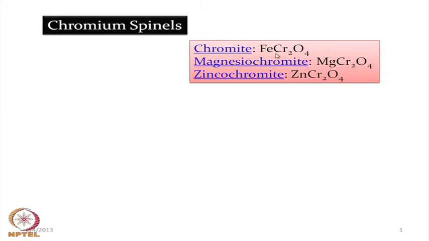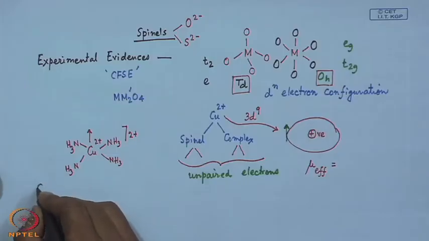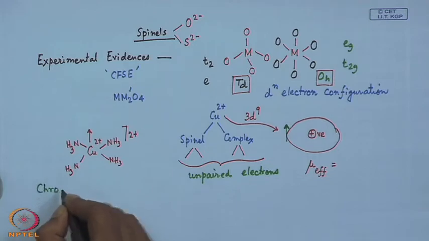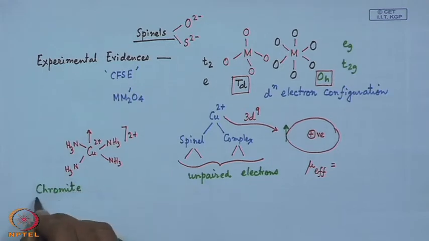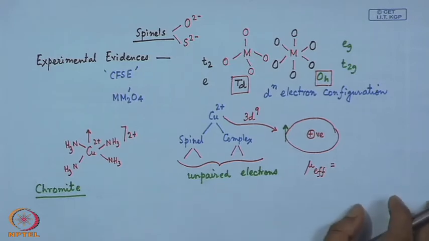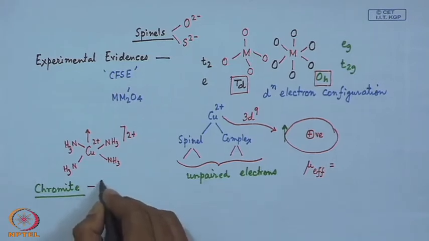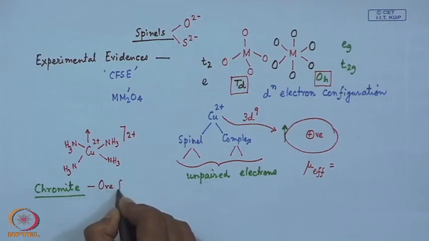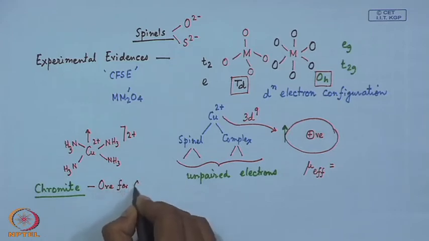The first one is very well known due to its presence as a mineral system. So, chromite. We all know that this chromite is a typical ore for chromium.